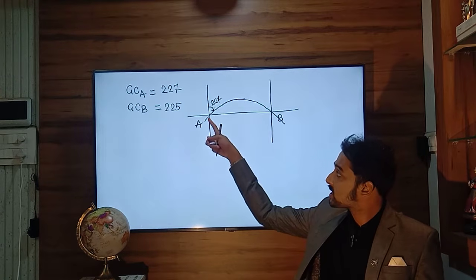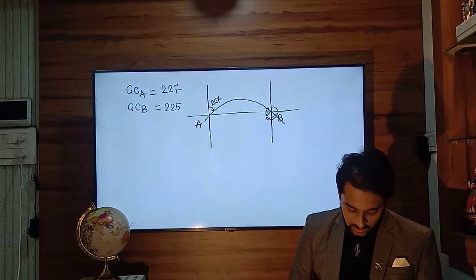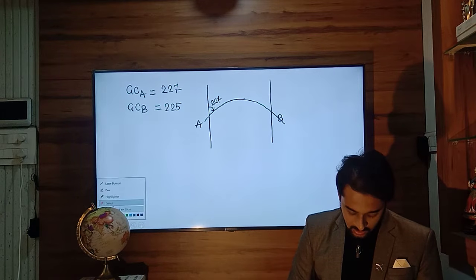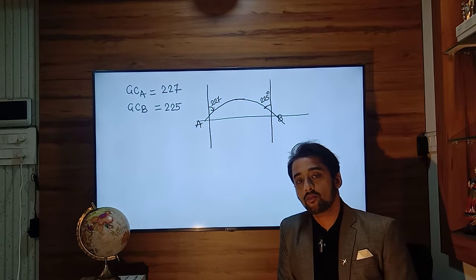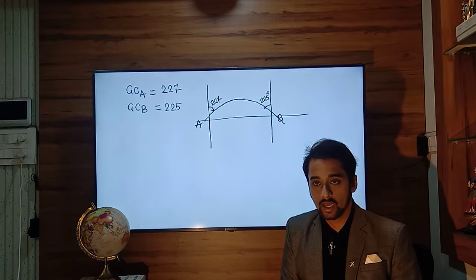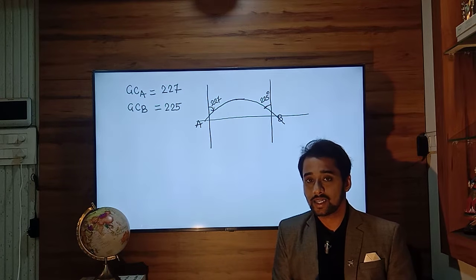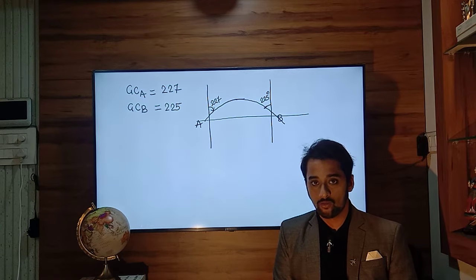When it goes to destination B, it becomes 225. A rhumb line is a line of constant direction, but a great circle is not. It keeps on changing angle. So when it lands at destination B, its direction changes to a new direction of 225.